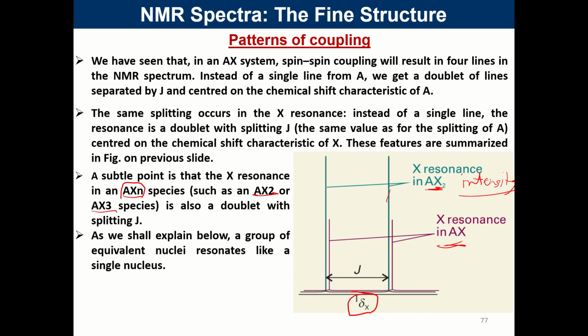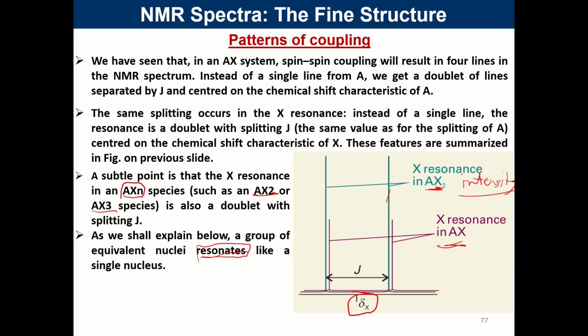These are equivalent nuclei, so they show NMR signals as if there is a single nucleus. So these are the equivalent nuclei X. The number of X nuclei has increased, and if we are talking about protons, it is a proton nucleus, but which appears at very far away positions in the chemical shift values.